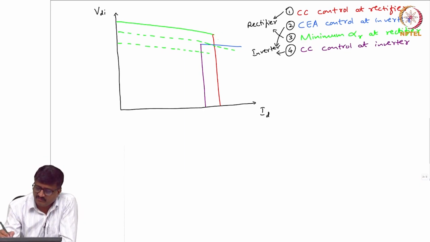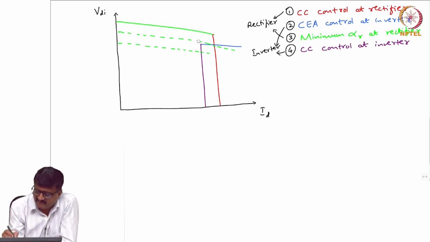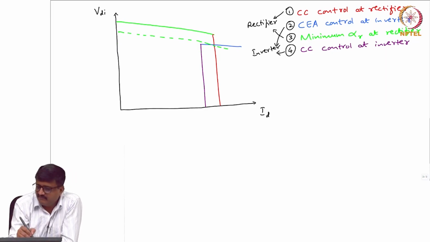So I have shown 3 points. Let me try to exaggerate this figure. It's slightly unclear, so I am just trying to exaggerate it so that there is clarity in the figure.